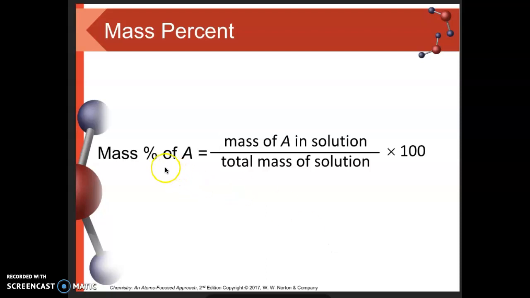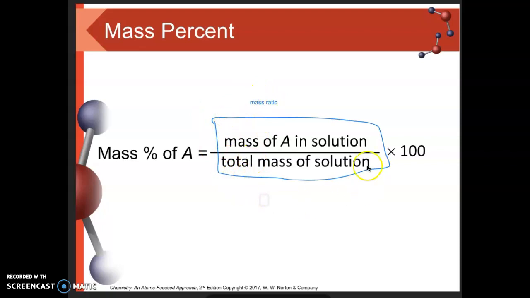Mass percent is based upon this idea of mass ratio, where I have the mass of one component of the solution divided by the total mass of the solution. We can call this part of it our mass ratio, and when we multiply that mass ratio by 100, we get mass percent.